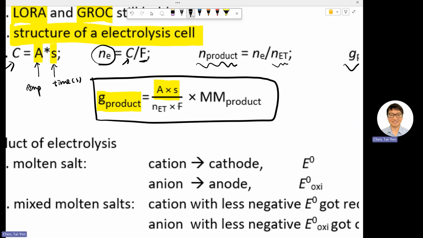And then dividing by the Faraday constant F, this will give you the number of moles of electrons that you provide to your electrode. Then you divide that whole term by your NET, which is the number of moles of electrons needed to reduce one mole of your product. Once you get that many moles of product, by simply multiplying by the molar mass, you can get the grams of product you're going to form on the electrode.